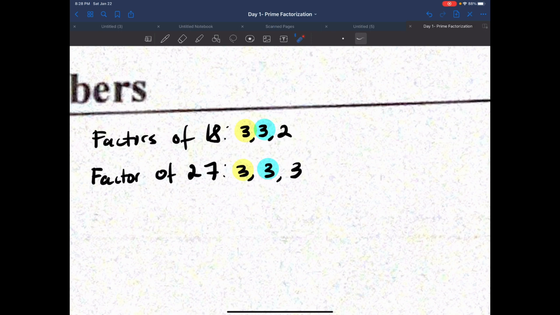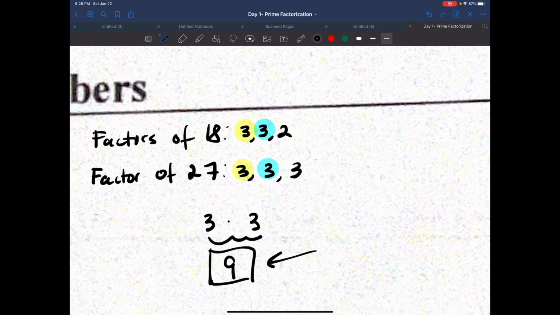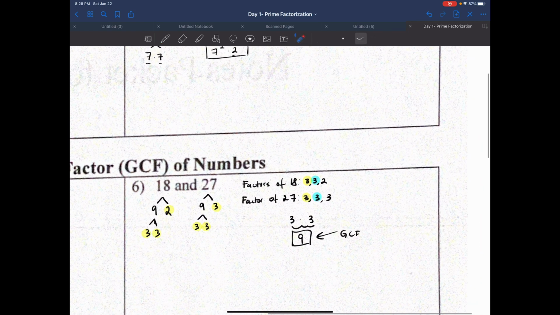I'm going to work with what they have in common. There is at least 1 3 here and another 3 here. So that's going to be 3 times 3, and 3 times 3 is 9. That means that 9 is my GCF, the greatest common factor, because 9 goes into 18, 9 goes into 27, and it's the largest number that goes into both of these numbers here.